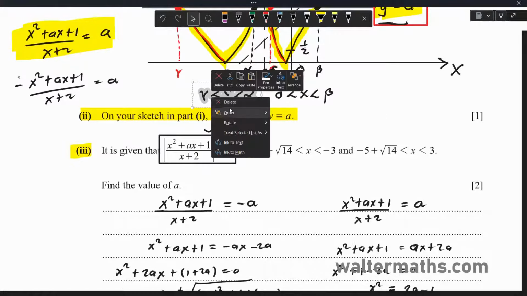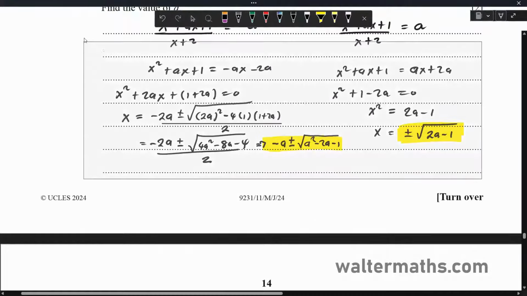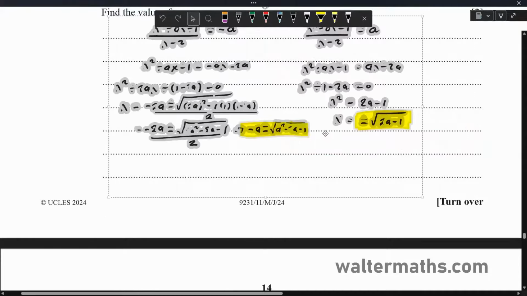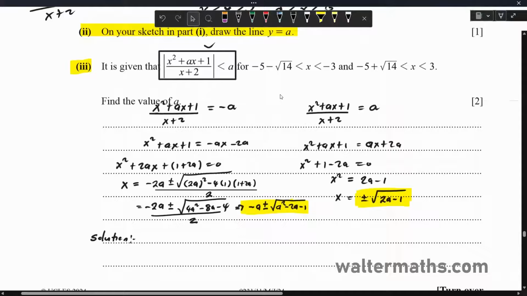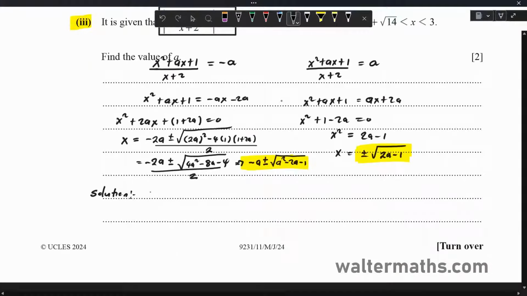So let's bring it down here. We have little space, so I'm going to create a bit of space here. So the solutions. The first one is gamma to alpha.